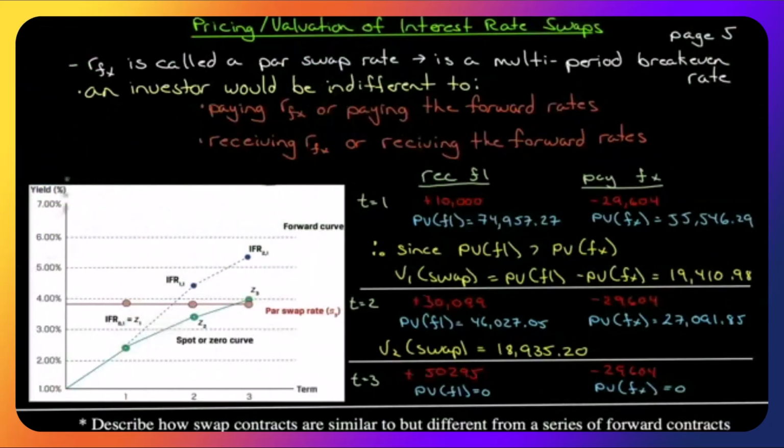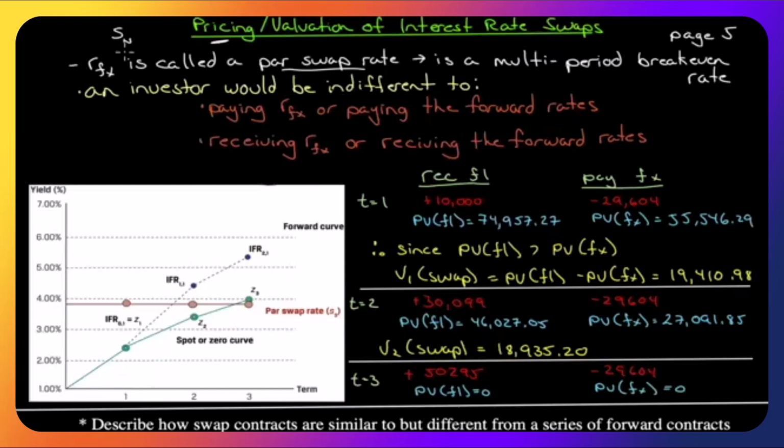Okay, so when we talk about the price of an interest rate swap, what we're really talking about is the fixed rate on an interest rate swap, and the fixed rate is called a par swap rate. I use R sub FX to denote the fixed rate on a swap. This reading uses S for swap, and S sub N to denote the number of periods the swap is for.